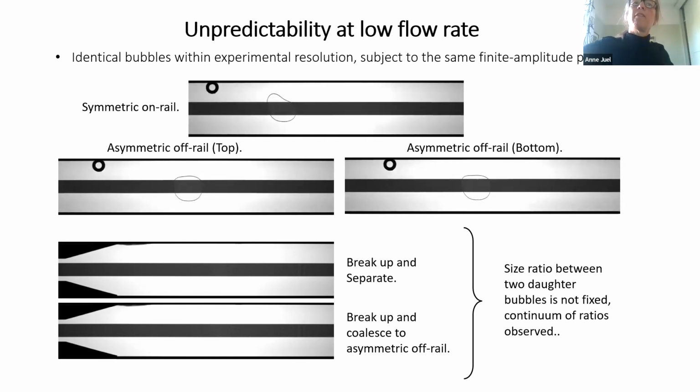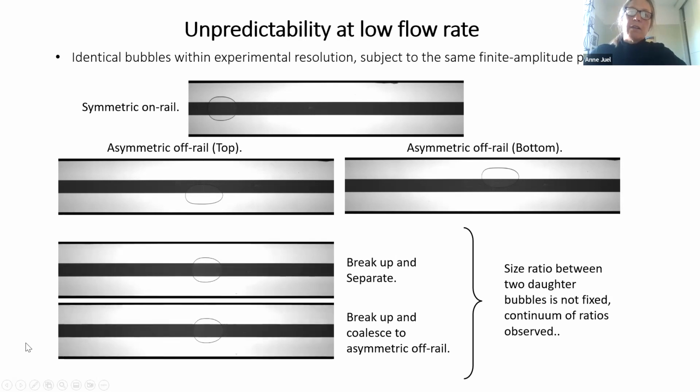And the three bubbles are exactly identical. But you can see that the long-term outcomes of what happens after they've been perturbed are completely different. So you get a symmetric bubble, an asymmetric top, and an asymmetric bottom. And you can do that further, and you can look at these 2 bubbles.